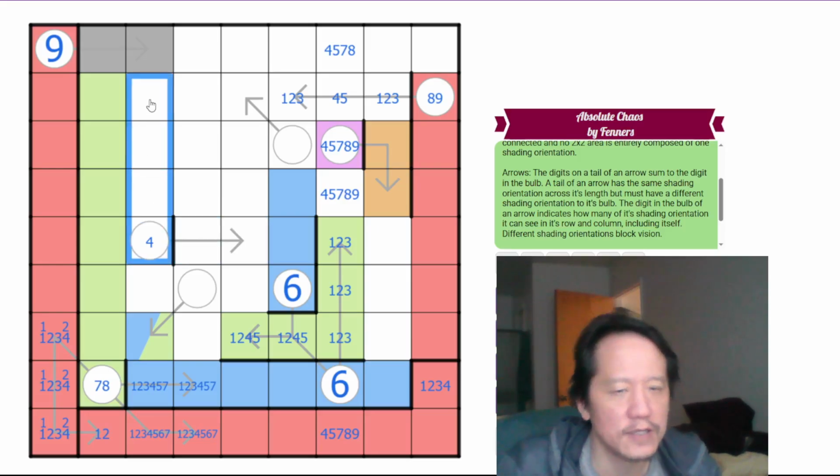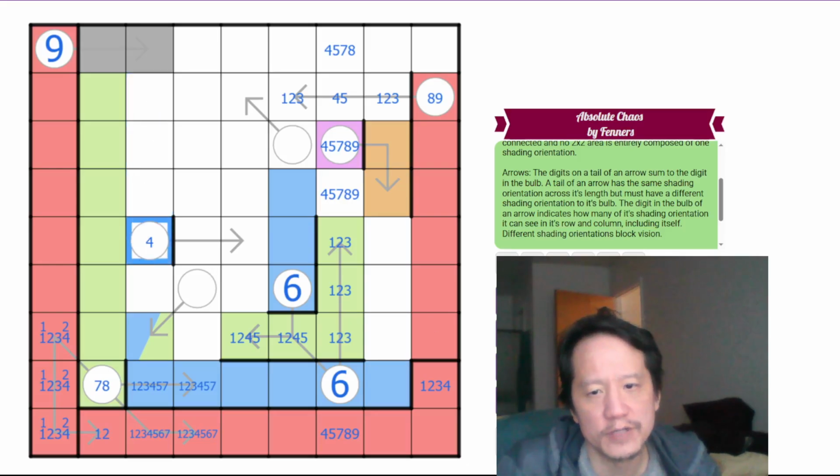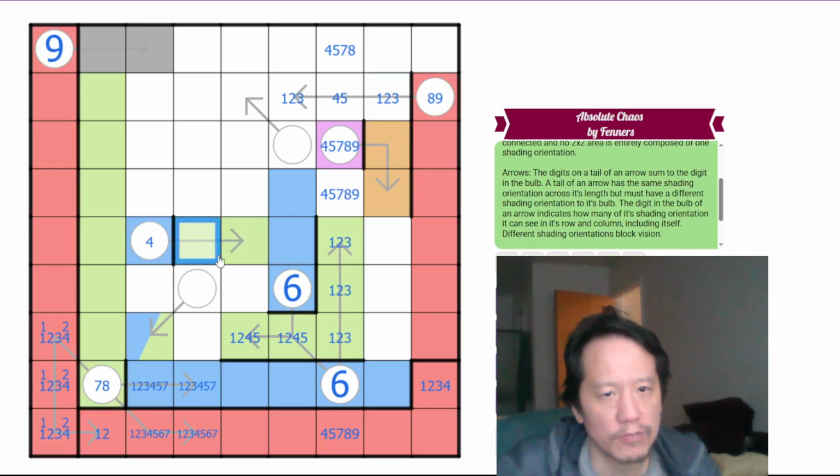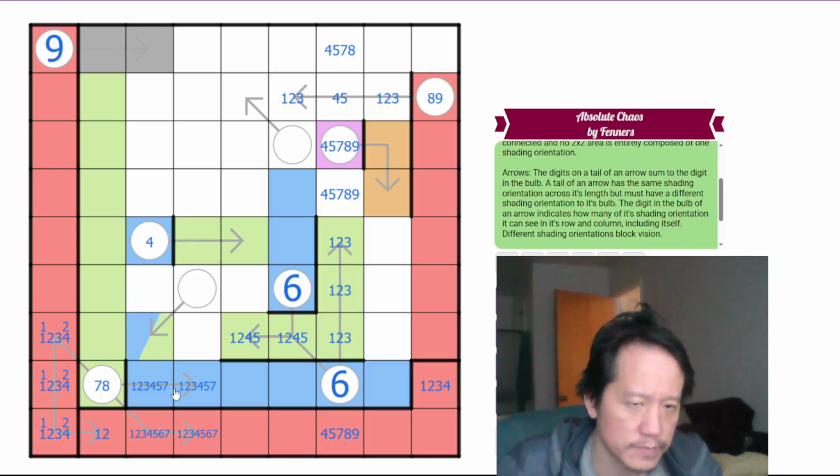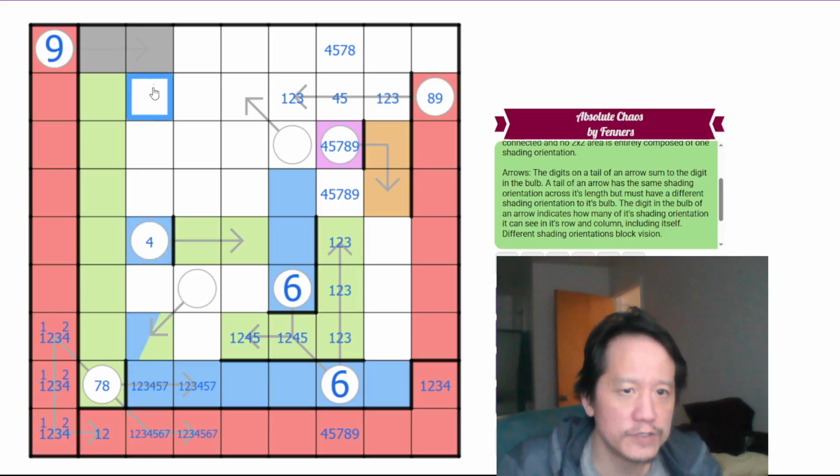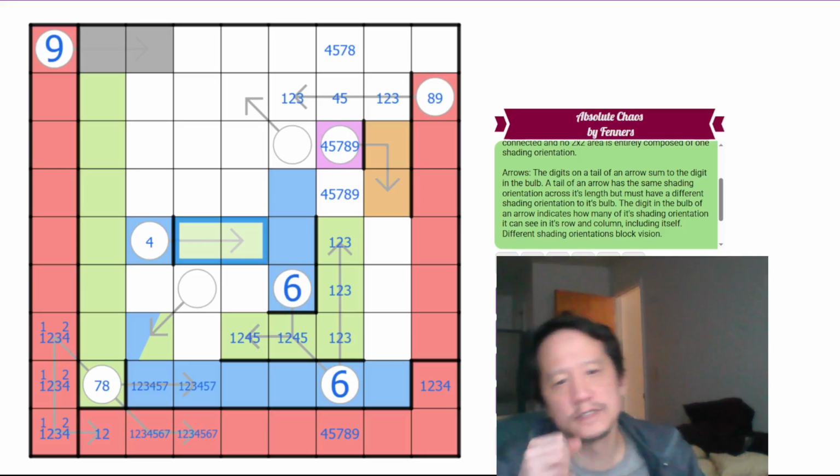It would see at least 4 here, and this would all be green. So that's not allowed. This has to be blue. So this is blue, which means this is green because it can't be red. Therefore, it sees 4. It could be 4 this way. Could be 4 this way. This is green inside.